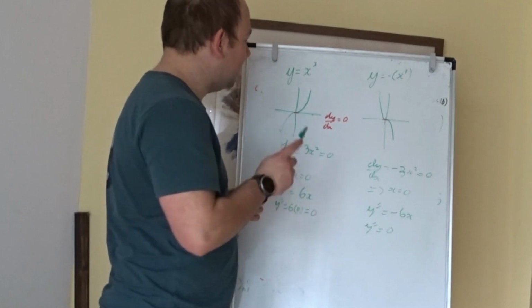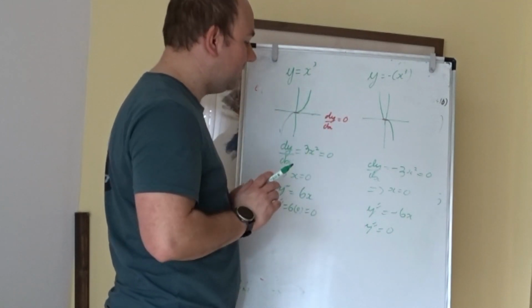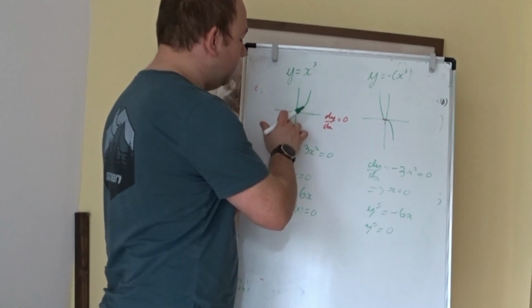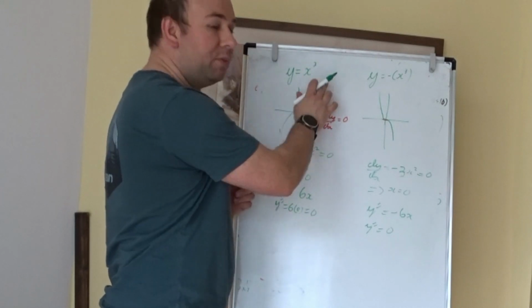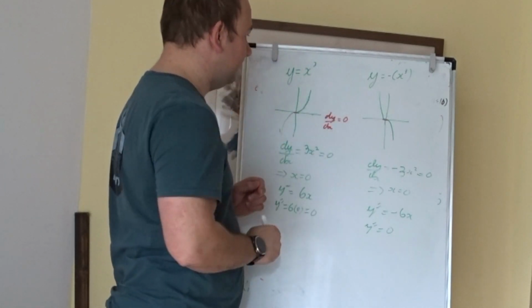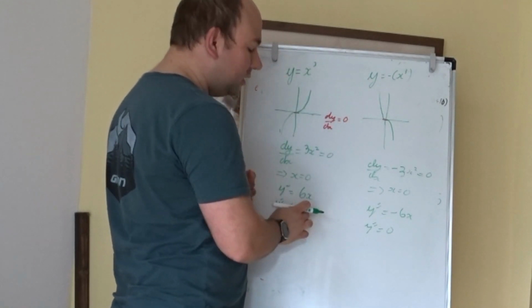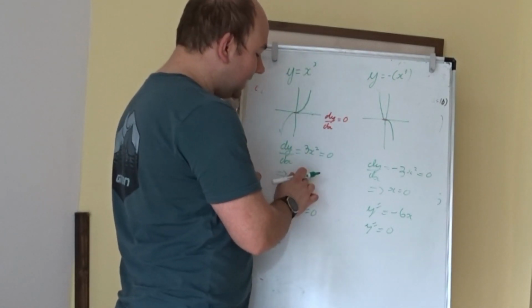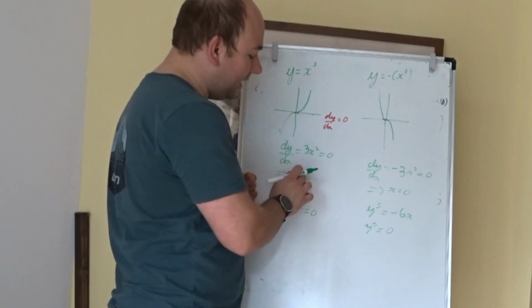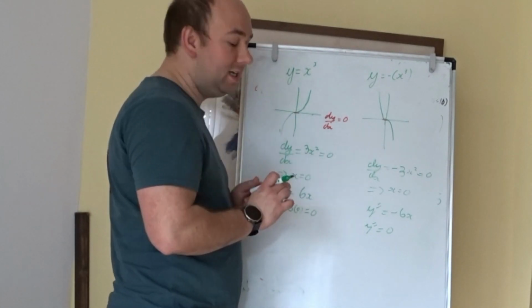The next question is how do we know which way the point of inflection is going? So whether it's going to be going positive with the x values or negative. And the simplest way to do this is to put in a number slightly less and slightly bigger than your 0.